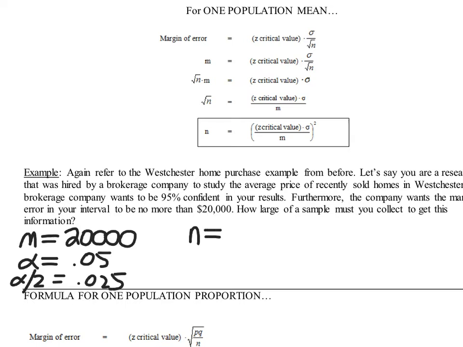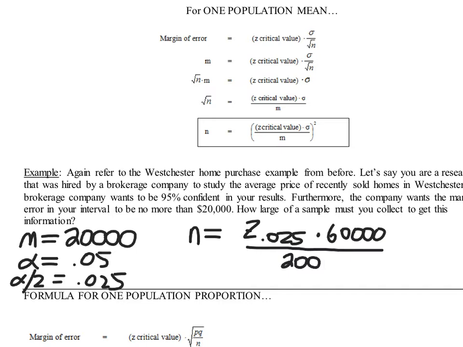All right, so n is equal to z sub 0.025 times 60,000, because that's our population standard deviation. The margin for error or margin of error, terms used interchangeably, 20,000, quantity squared.